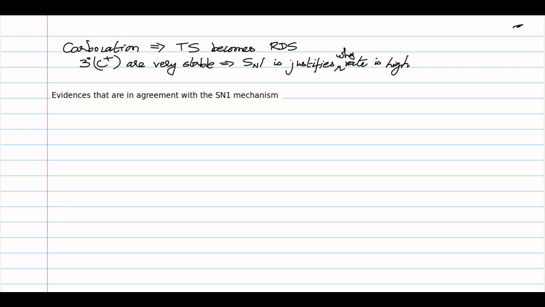The first evidence is that the alkyl halide is the only species that participates in the rate determining step, and this gives evidence of the rate equation that we wrote.